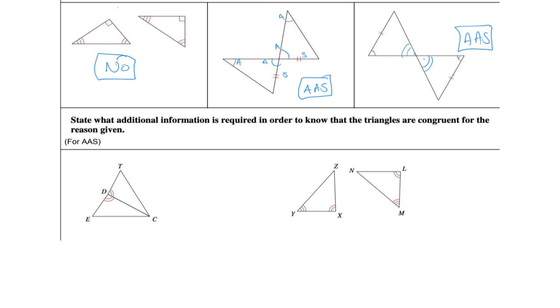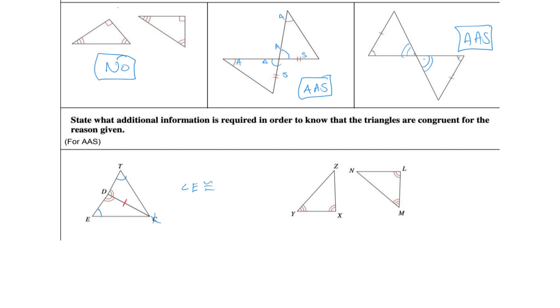All right. Now we're going to state information we need to add. So the given information on this first one is that line DC, right? We know they're touching, so that's a given. Then we know we cannot add the angle C's, right? Because that would make it angle side angle.